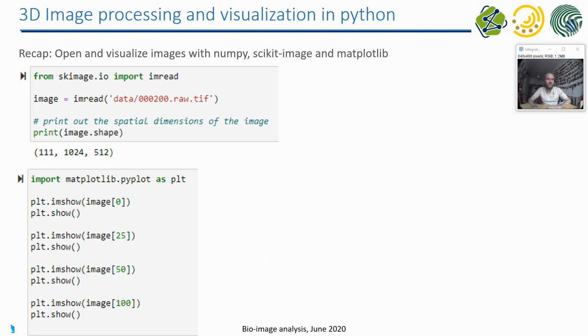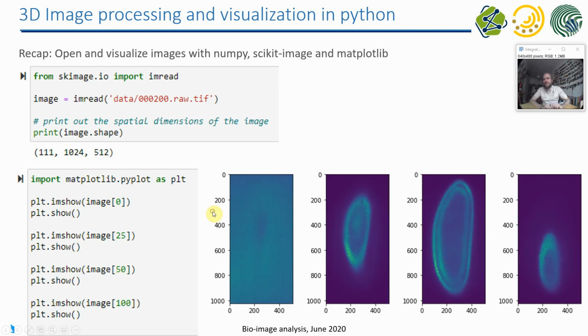Starting from our loaded image, you can actually do something like that. If you look at a 3-dimensional image with dimensions like that, it is actually just an array of an array of an array of pixels. So if we look into the first dimension of this array, for example the first 2-dimensional array in our 3-dimensional array, or the 25th or the 50th and so on, we get these individual planes from our dataset.